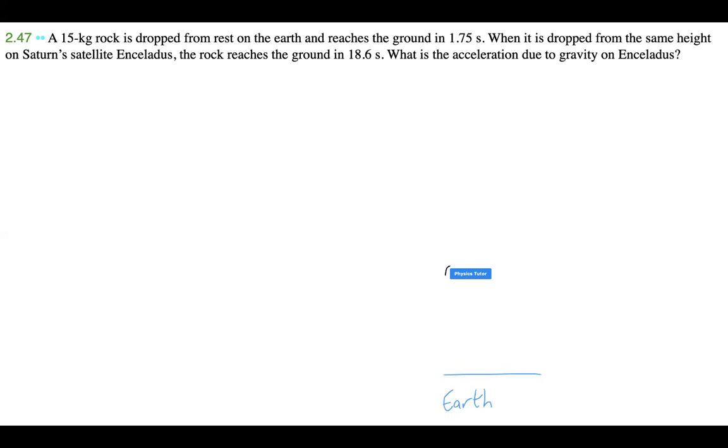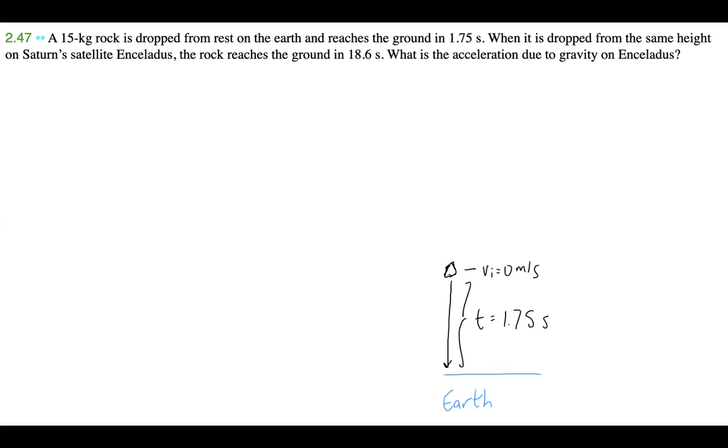Let's say this rock is black, and it's dropped. It starts from rest, so Vi is equal to 0 meters per second, and this journey takes 1.75 seconds. Okay, so that's our diagram.